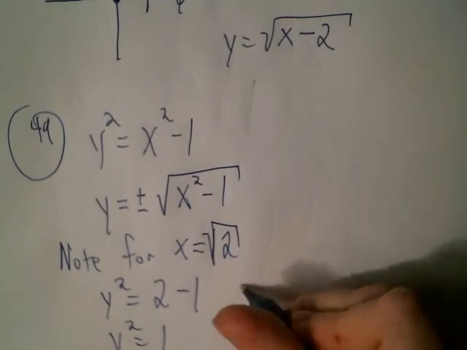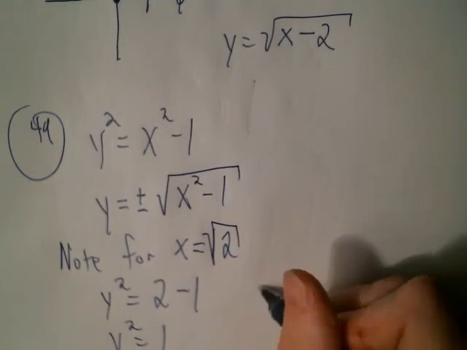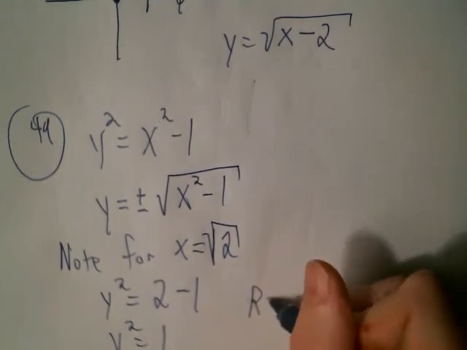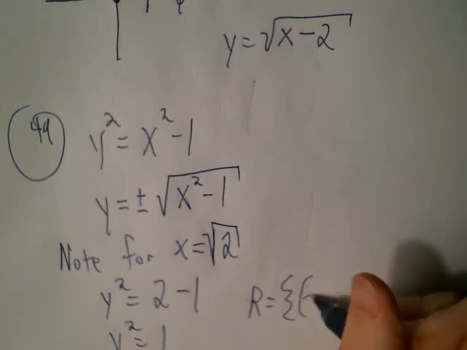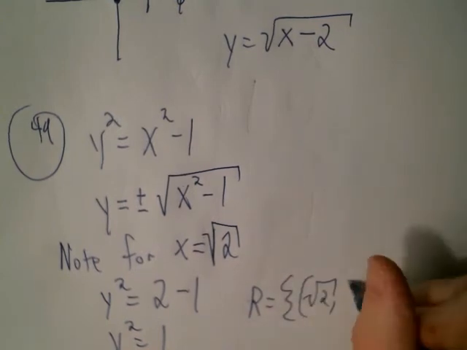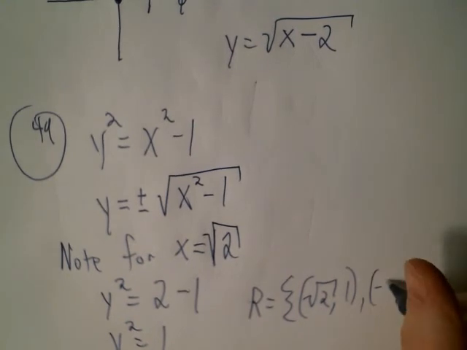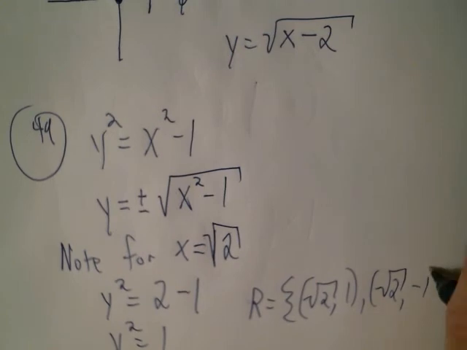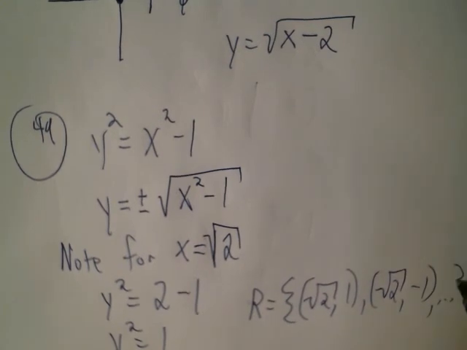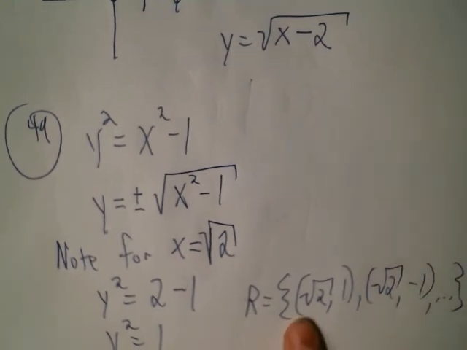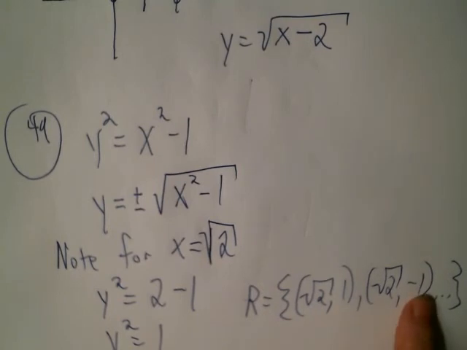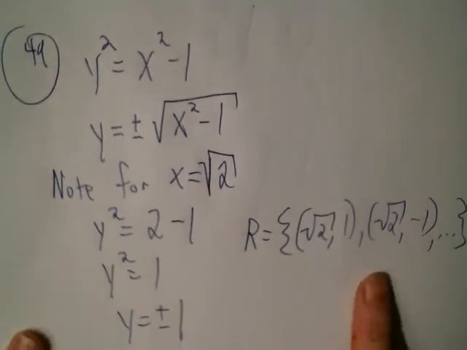So if you consider it as a relation of ordered pairs, we would have root 2 comma 1, and then we would also have root 2 comma negative 1. So for one particular x coordinate, you're getting 2 different y coordinates, which is a bad thing.